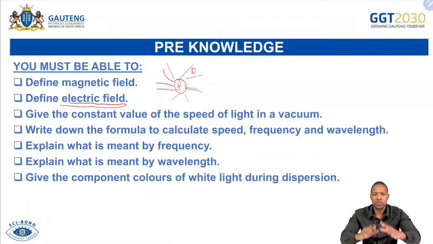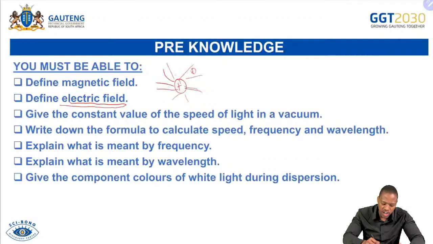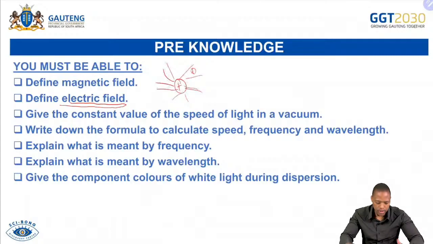You remember that, and then we said that region around that charge, we called it an electric field. So this is one of the things that we should just have an idea of going into electromagnetic waves.